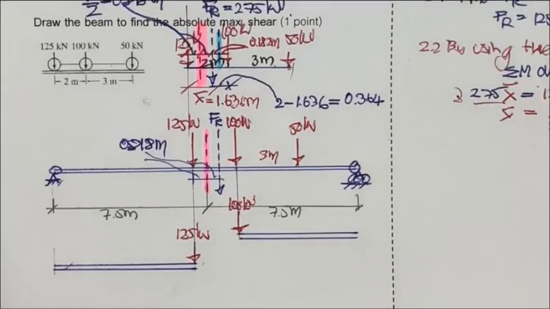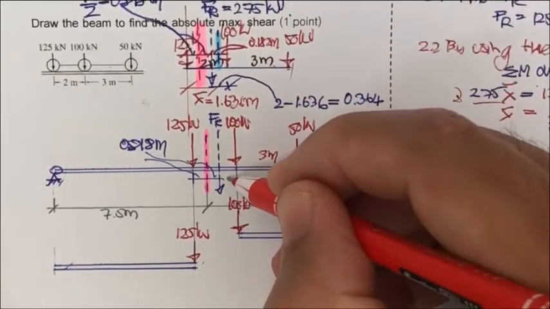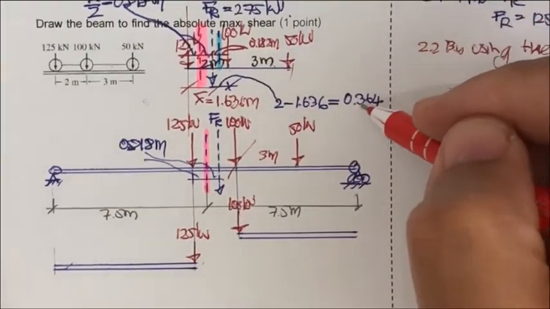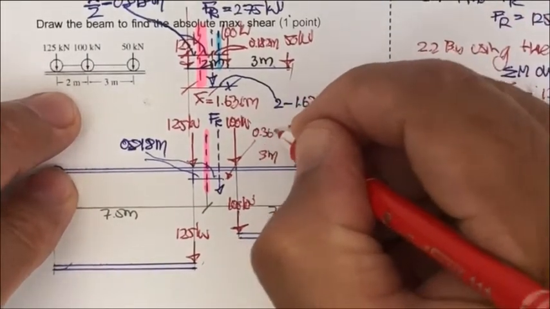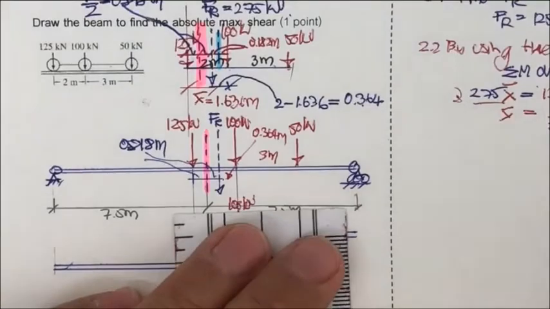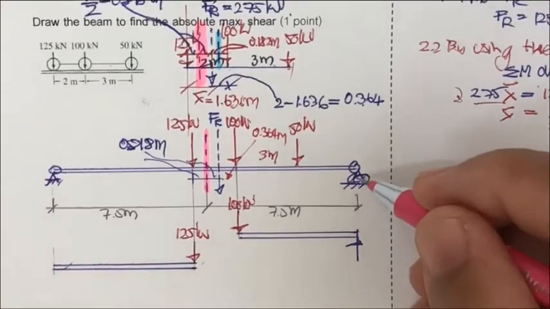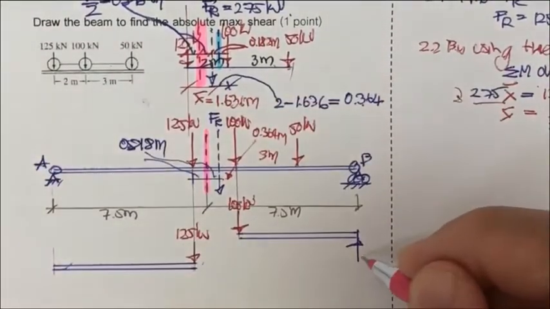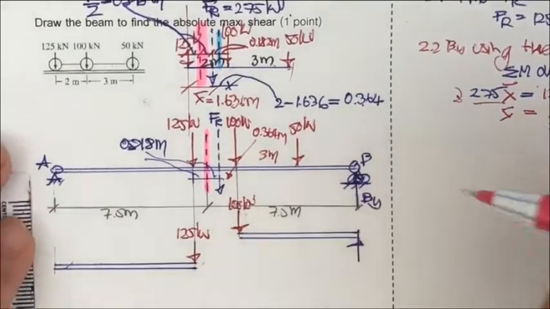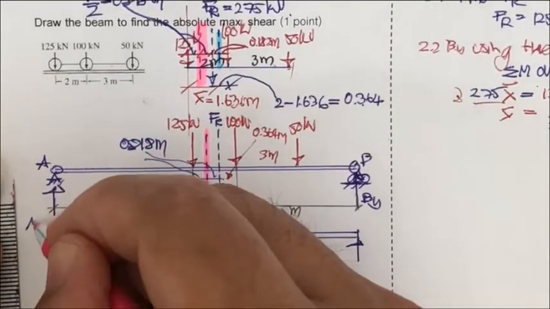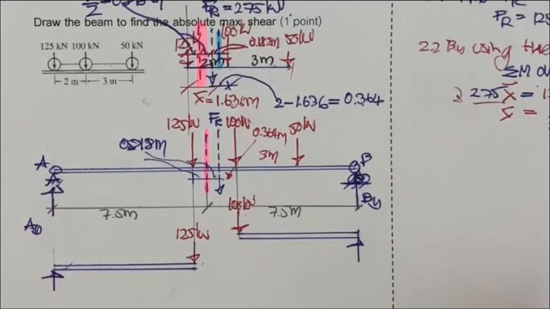And then this distance is going to be 0.364. If you consider this one, this is B, this is A. We're going to have the reaction B sub Y here, and we also have the reaction A sub Y here, and A sub Y is going to apply on this portion of the beam.